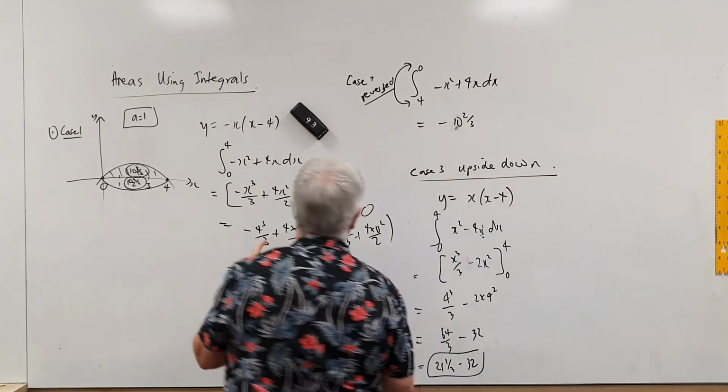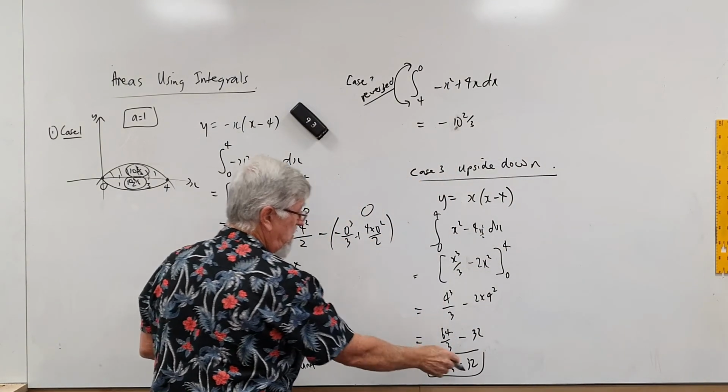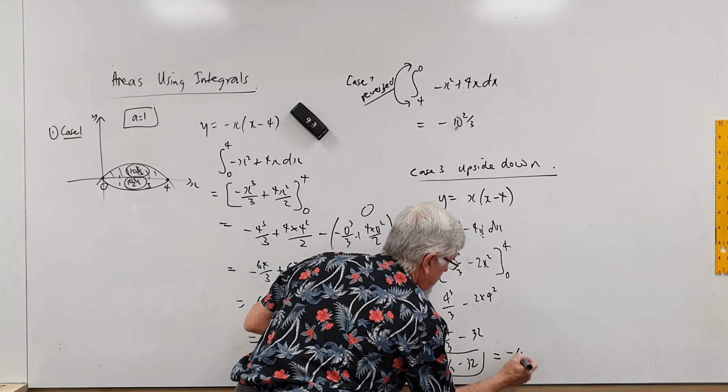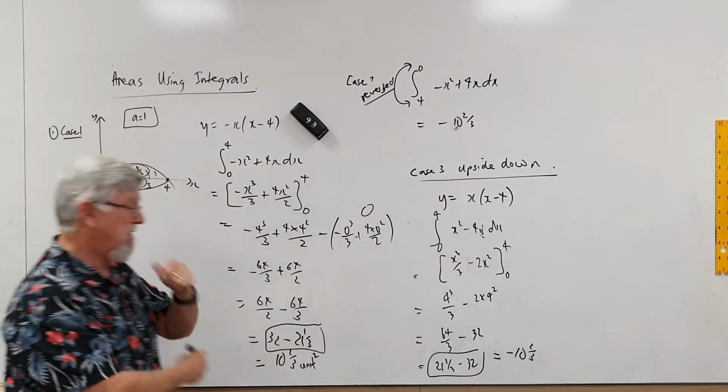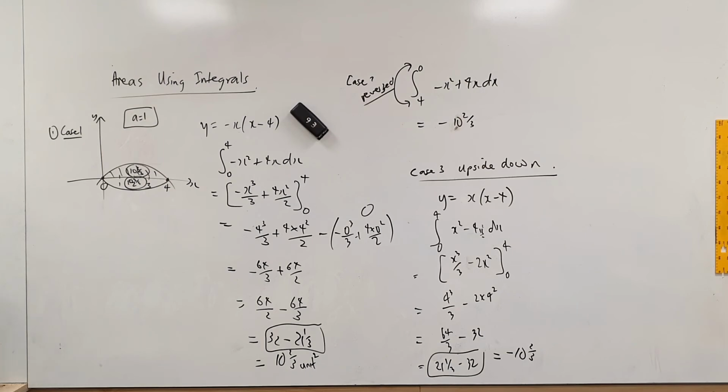Yeah. Oh, by the way, if you calculated that and you got the negative answer of negative 10 and 2/3, and it said what was the area, what do you do with it? Now, what happens if you put this in your calculator and you don't want it to be a negative answer? How do you do the question? What symbol do we use to say I don't want a negative answer?